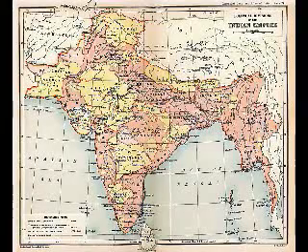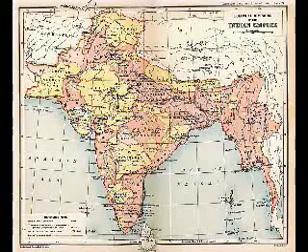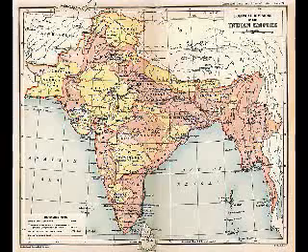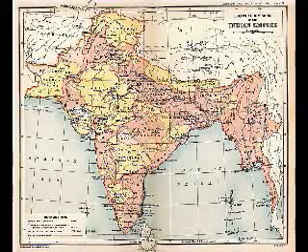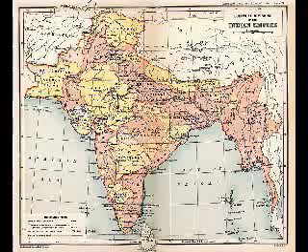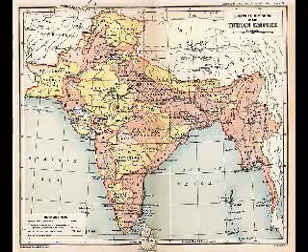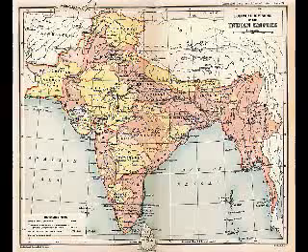A beginning in the direction of decentralization was made by the Act of 1861. It provided legislative powers to the presidencies of Bombay and Madras, but they had to obtain permission from the Governor General for passing an act.